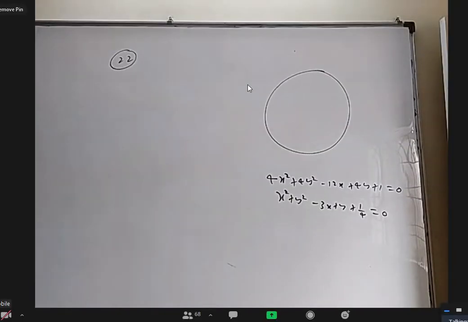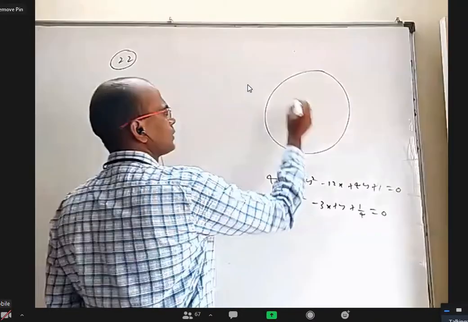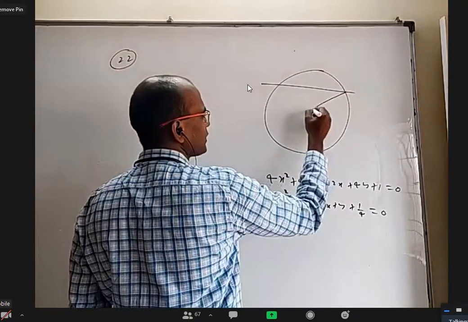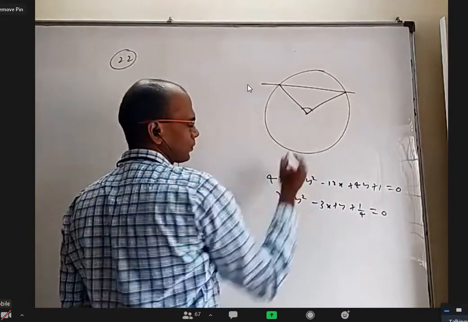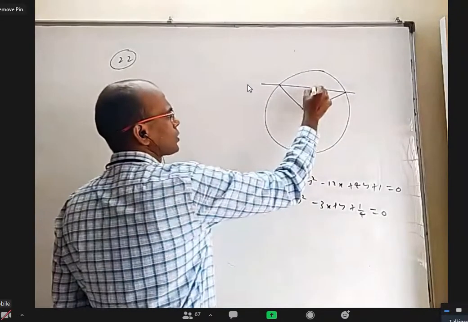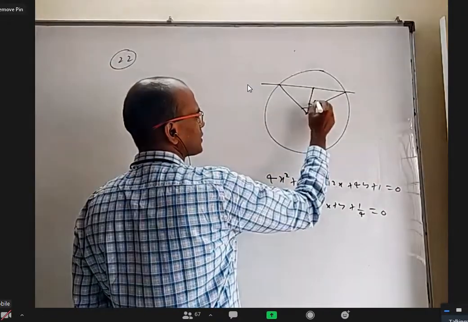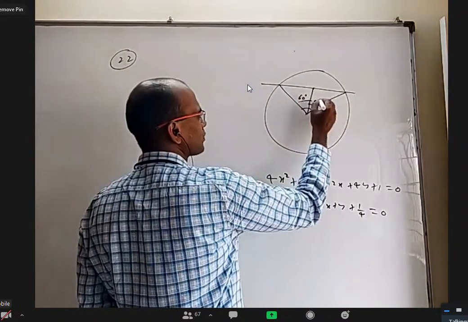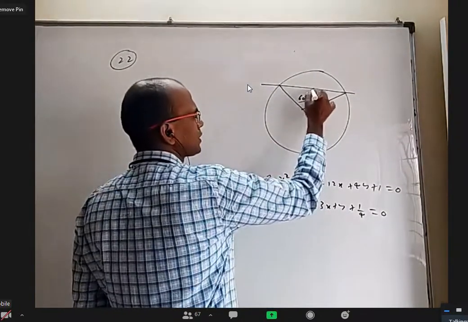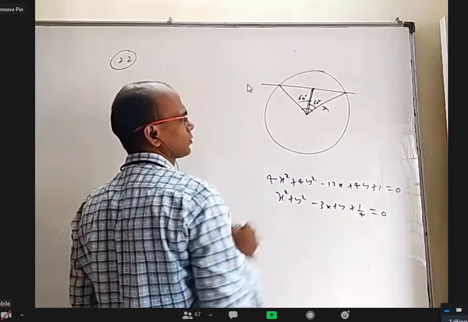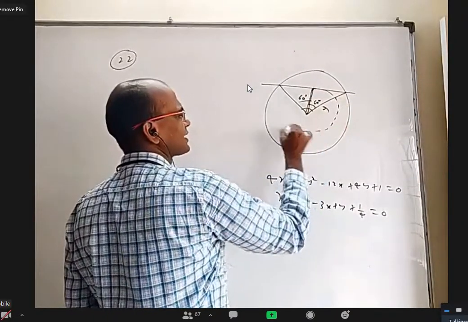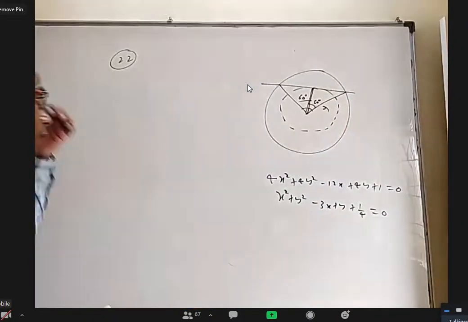Okay, this is a very simple question. There is a chord which is subtending 120 degrees at the center. You want locus of midpoint of that. Okay, this 120 means this is 60 and this is 60. If this is R, this is R cos 60, R by 2. So locus of this point is a concentric circle with radius R by 2.